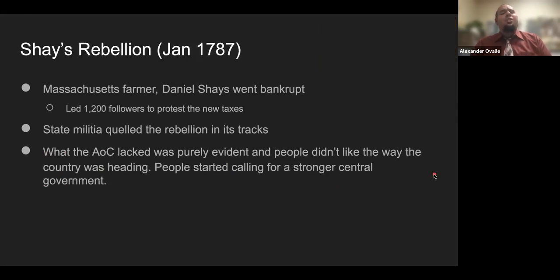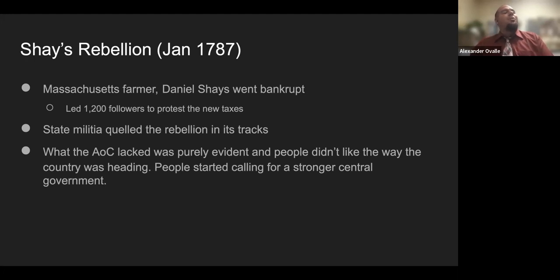Speaking of poor farmers, Shays' Rebellion goes with this. Massachusetts farmer Daniel Shays went bankrupt. He led 1,200 followers to protest these new taxes. However, the state militia was quickly sent to quell the rebellion in its tracks.